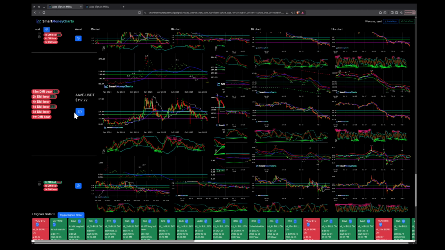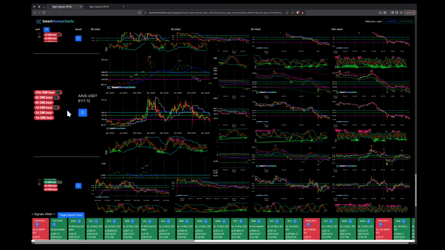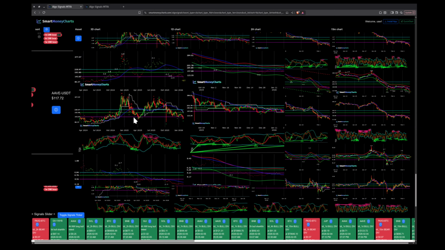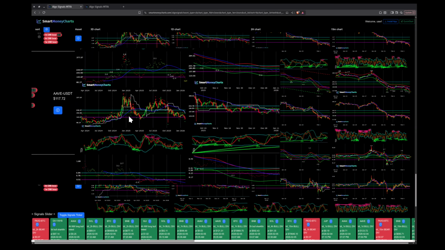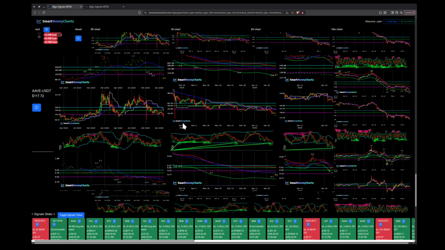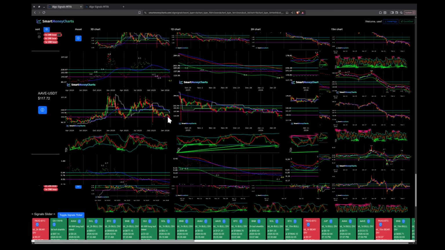I probably will. Aave, lending platform, one of the most well-known lending platforms in the crypto space. At 117, it's a pretty good deal. You can see we're at this low area here. Going back for 2 years, this is the discount zone, right? We're actually below the 786 for the last 2 years.